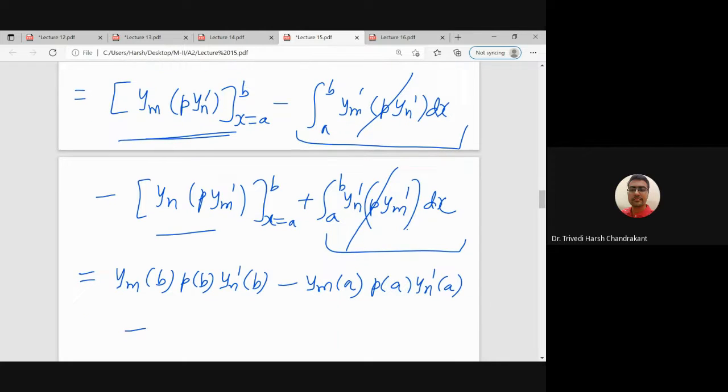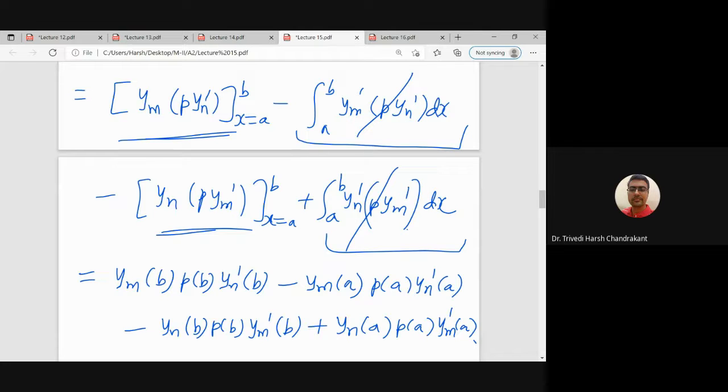Similarly, the second term with the negative sign, so we get yn b, p b, this one with the plus sign. So that is yn a, p a, and ym dash a, right? So we have just written down the terms in terms of a and b.